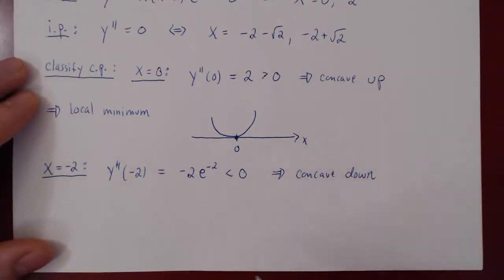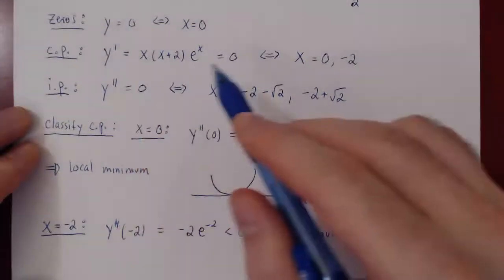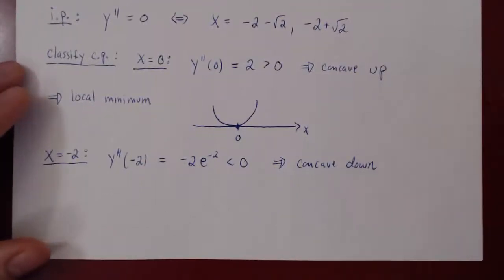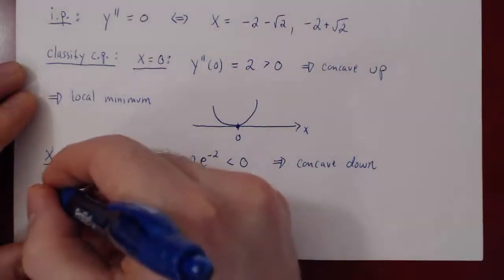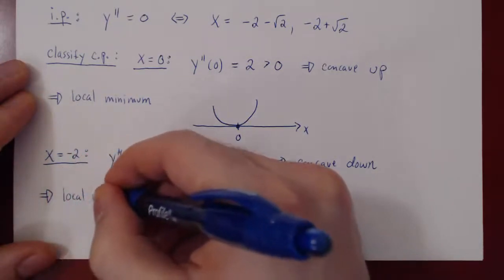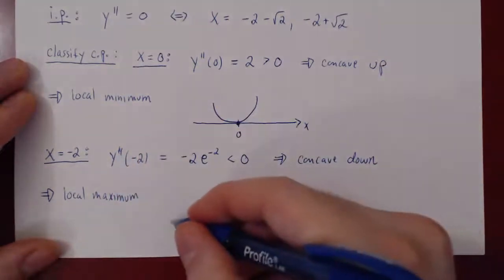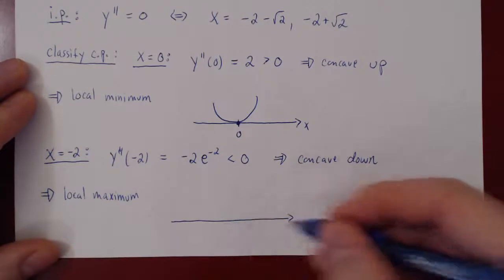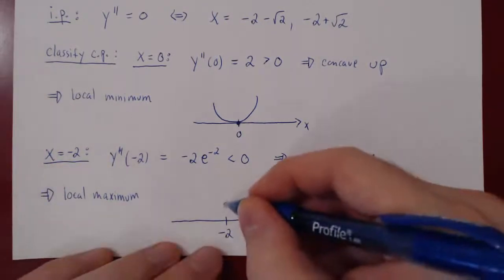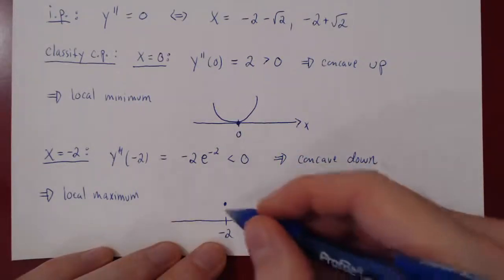But if the curve is concave down, and at negative 2 we know that the derivative is equal to 0, so the curve will be flat and concave down at that point, so we have to have a local maximum. So, around x equals negative 2, suppose that the y value is here, the curve is concave down, so we have a local maximum.